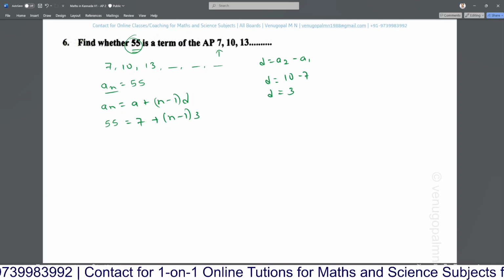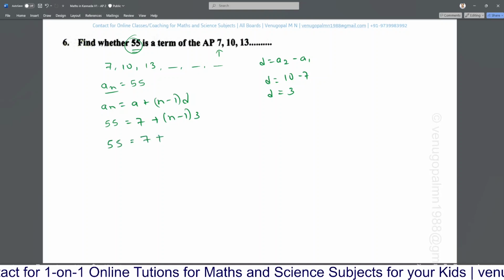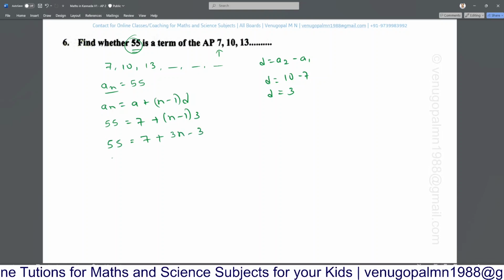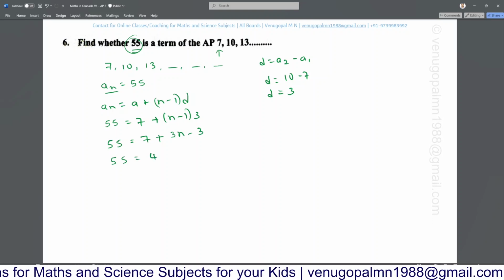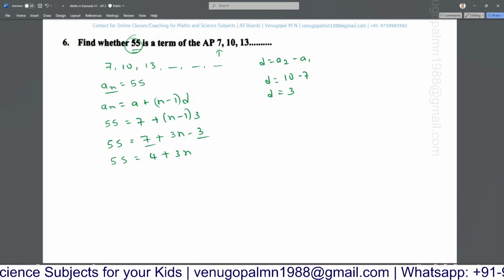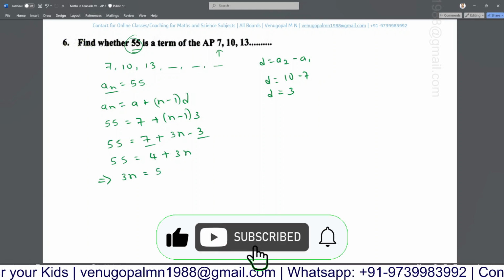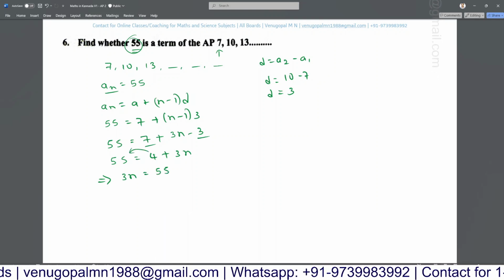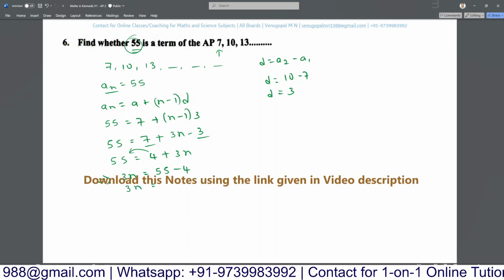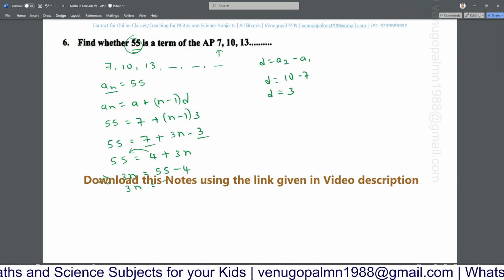So now let us solve this equation. 7 plus 3n minus 3. So it would be 55 is equal to 4 plus 3n. 7 minus 3 would be 4. So 3n is equal to 55 minus 4, the 4 goes to the other side and the sign changes. So 3n is equal to 51.